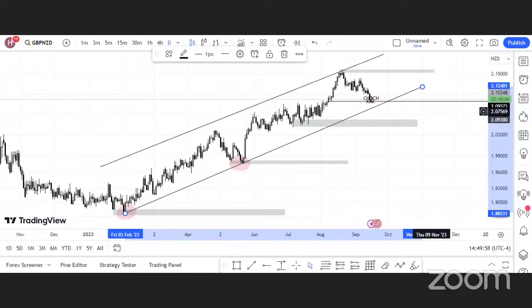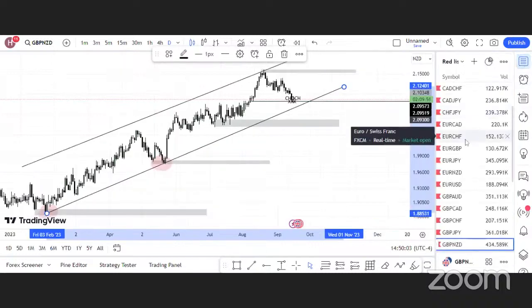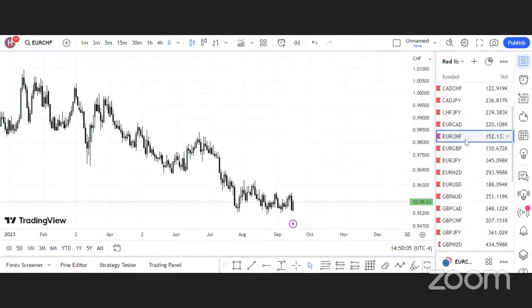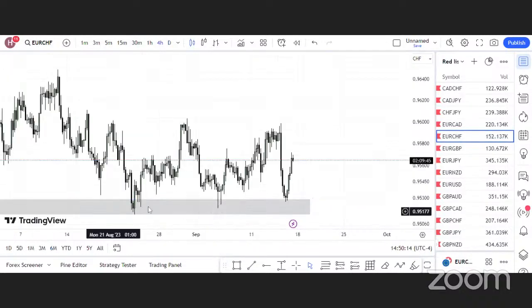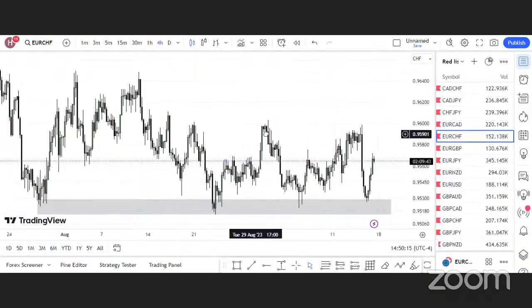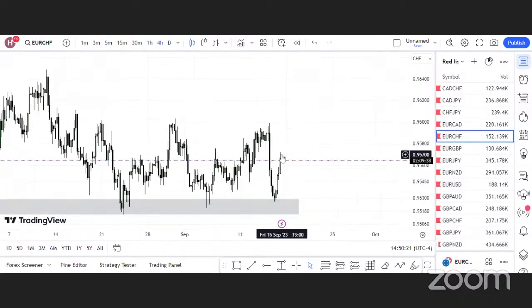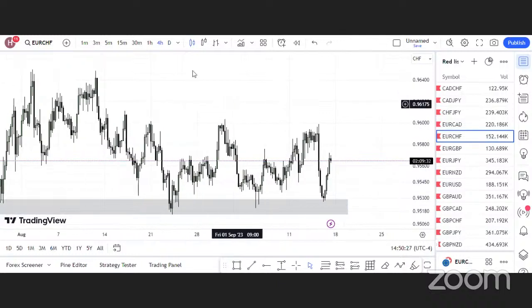So let's use another market for example. Let's use the Euro CHF. You see, I drew this trend line and this support yesterday, and see what is going on. It's still respecting that support. I drew this yesterday, and the market has been reversing ever since.